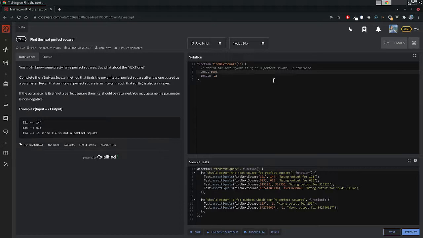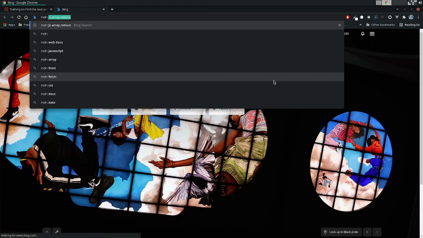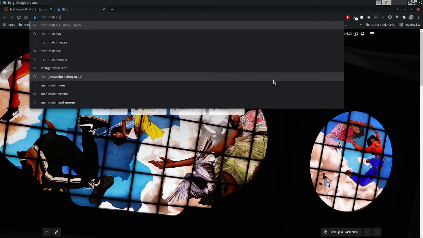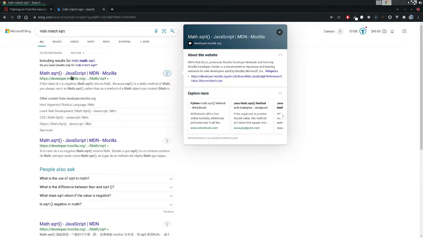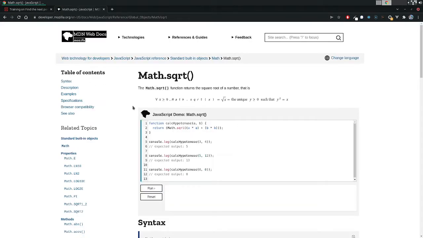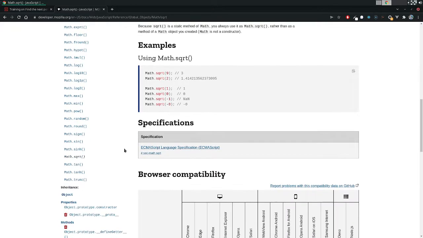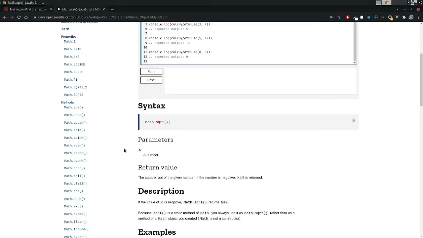So I think it's, MDN Math, square root or something like that. It's like sqrt. It's kind of ridiculous. Is there another syntax for that? We're just going to use this one.